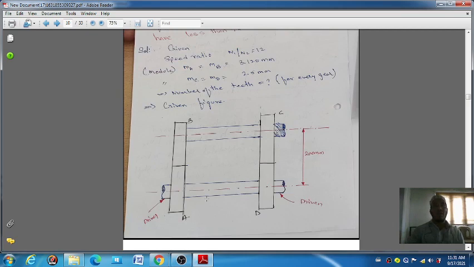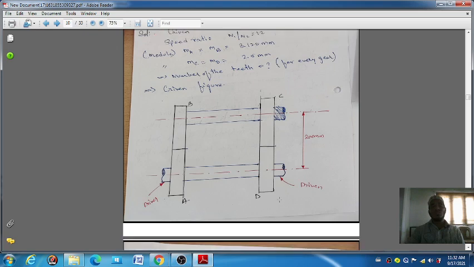The two shafts are parallel, and the two shafts have gears that mesh with each other: A, B, C, D. The distance between the two shafts is also given, 20 mm, and the driver and driven are given. A is the driver and D is the driven. A rotates B, B is on the same axis as C, B rotates C, and then C rotates D. That's why D is your driven.